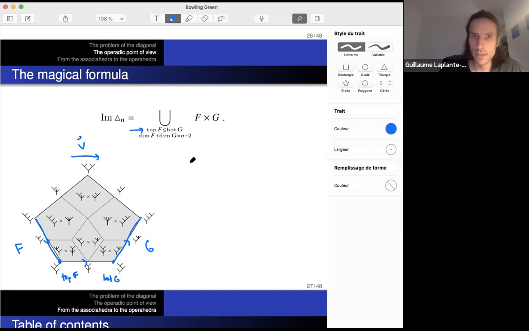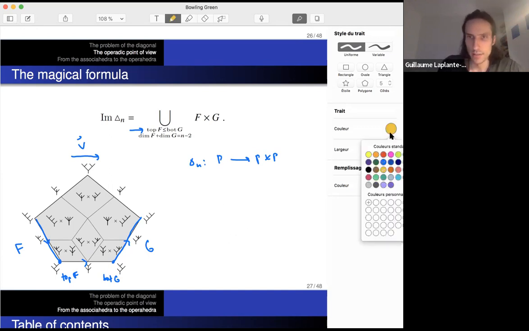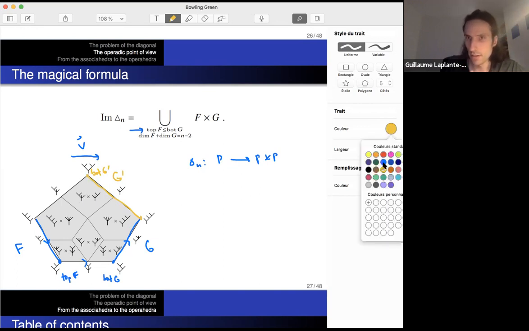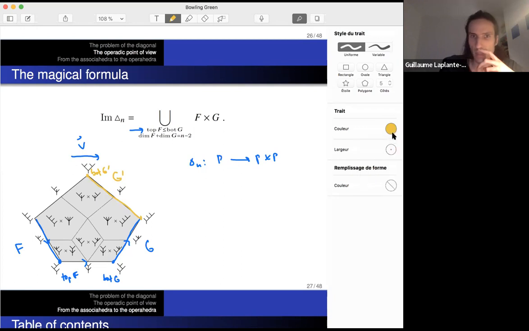Remember that the diagonal is just a morphism from P to P times P. So the faces of P times P are just pairs of faces of P. And if I took this edge as, let's say, G prime, well, since bottom of G prime is not comparable to top F under the order on the vertices, it is not in the diagonal.